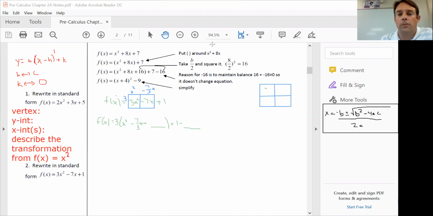So we have x squared down here. And that negative 7/3, we're going to split it in half. So negative 7/3 became negative 7/6. So we have x, bring out that negative 7/6.